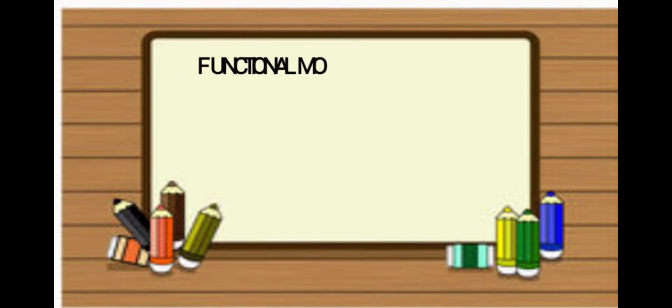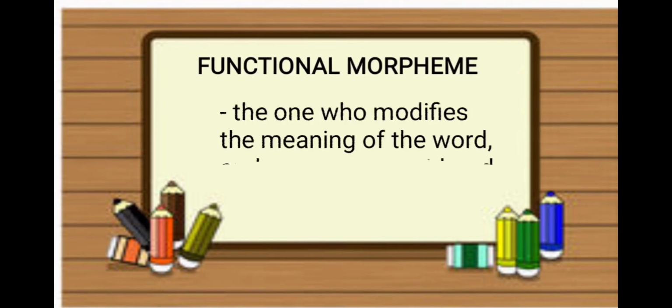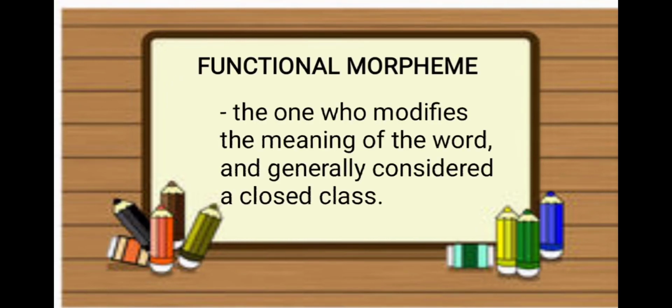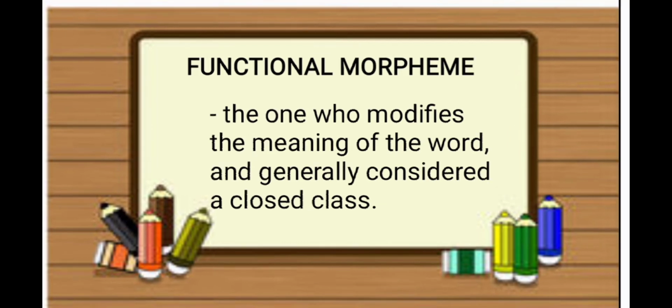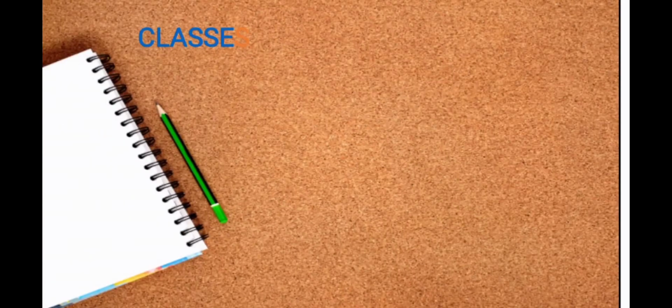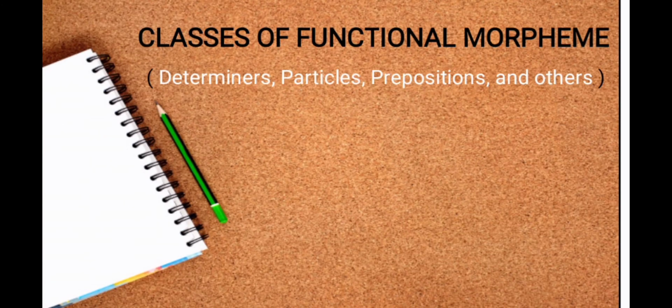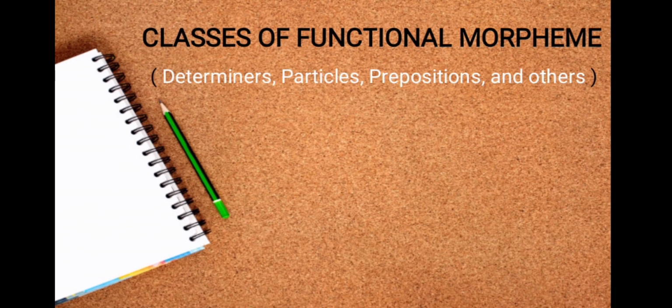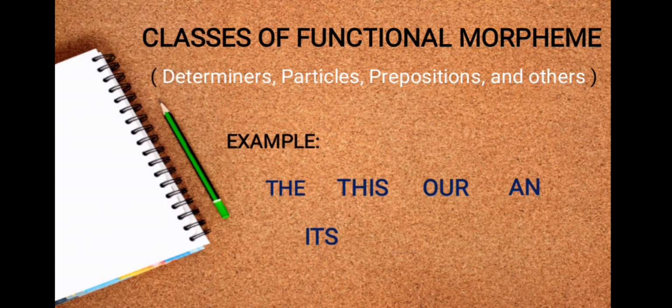To define the functional morpheme: a functional morpheme is one that modifies the meaning of the word and is generally considered a closed class. These are the classes of the functional morpheme, namely the determiners, particles, prepositions, and others. Examples here are the words the, this, our, and, its, to, and a.